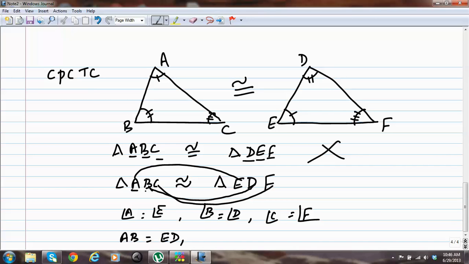Just match these pairs, and AC equal to EF and BC equal to DF.